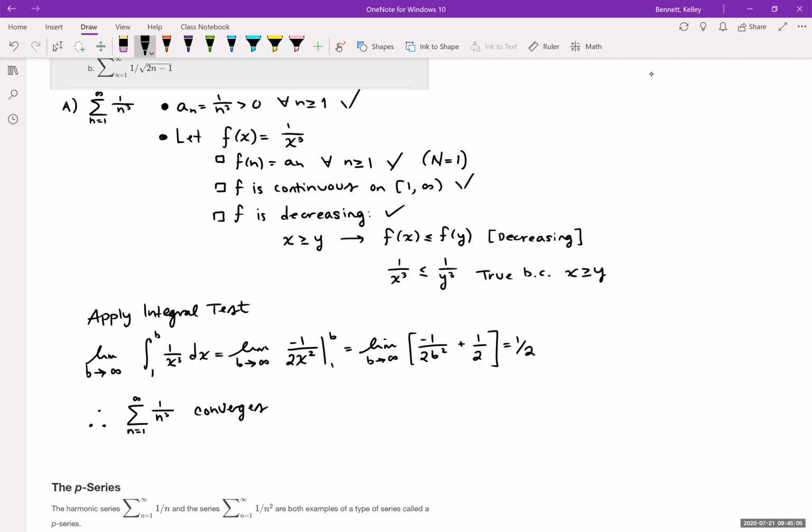And again, just to note, even though they both converge, the series 1 over n cubed does not converge to 1/2.